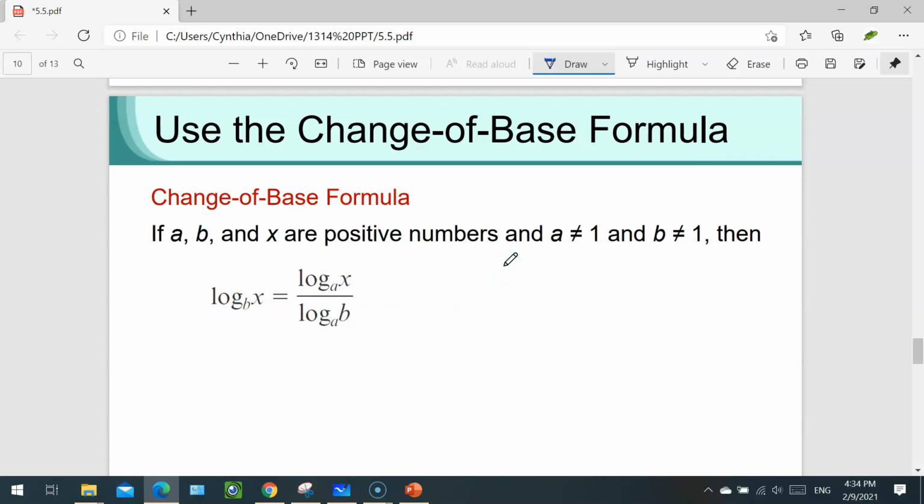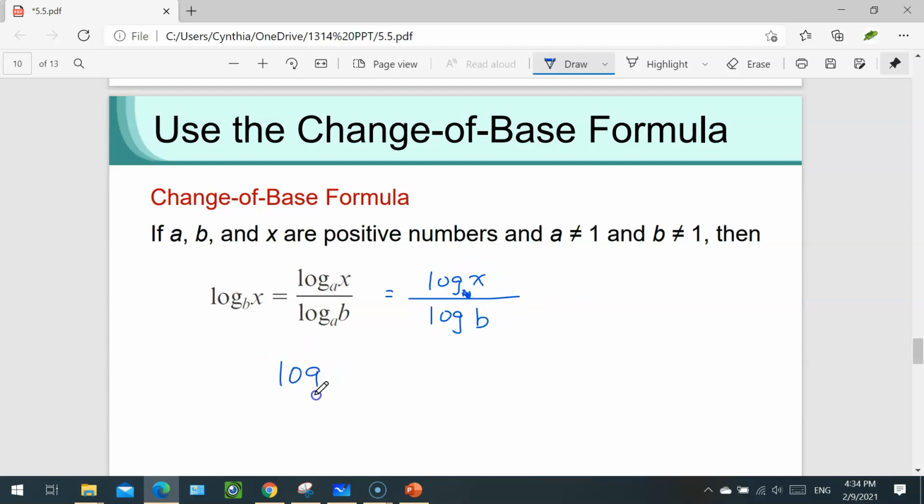Or you can rewrite it as just log of x divided by log of b. With this form, there is no base number written, which means it is 10. But when you use a calculator, you don't need to type in the base 10. You can just simply type in log of x divided by log of b.